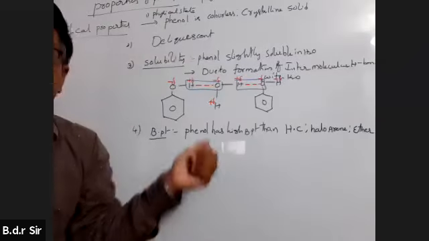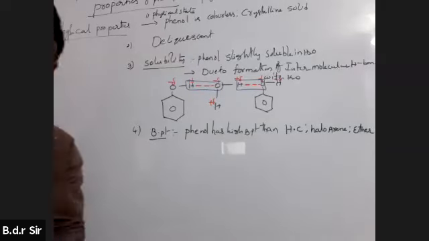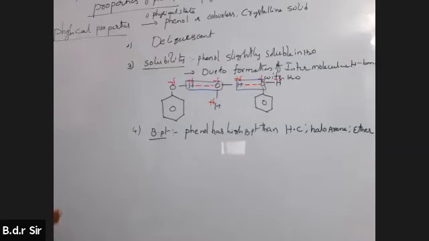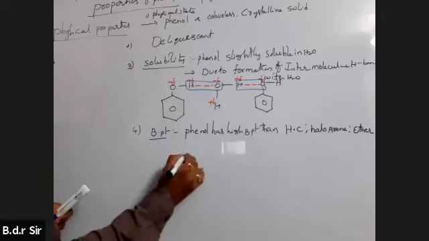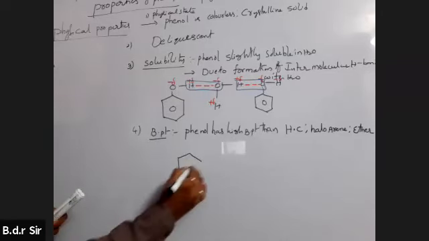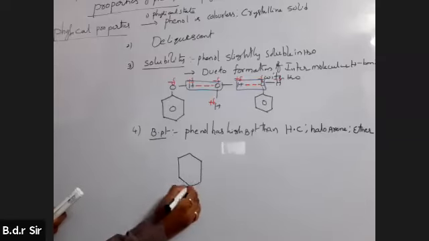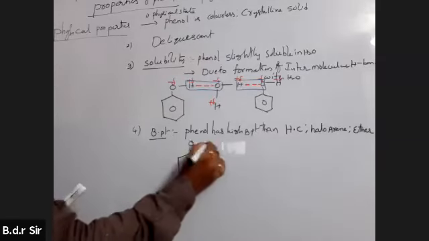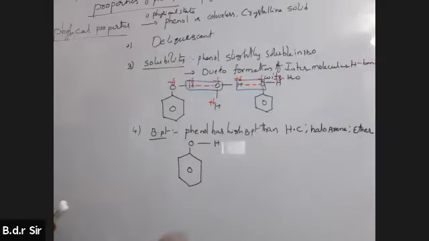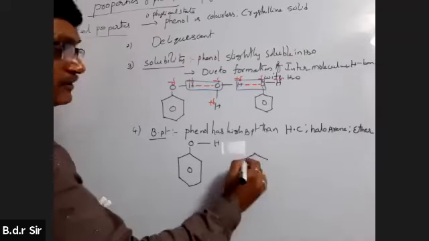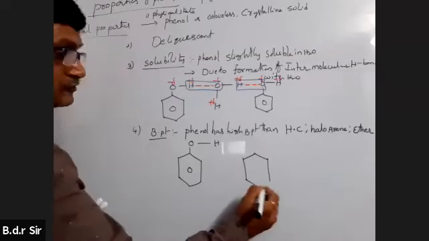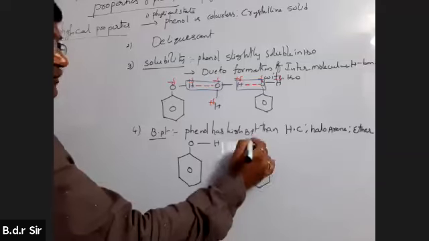Why does phenol have the highest boiling point? What is the reason? Due to the formation of intermolecular hydrogen bond. Observe the structure. OH, here another phenol, OH.